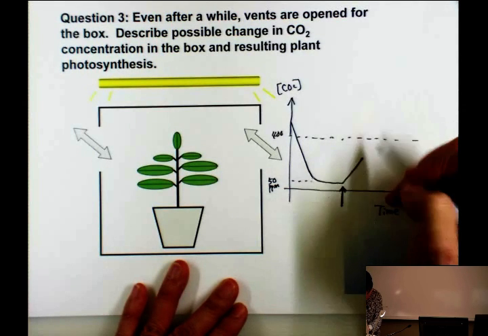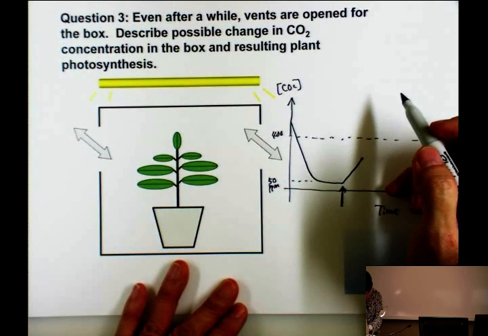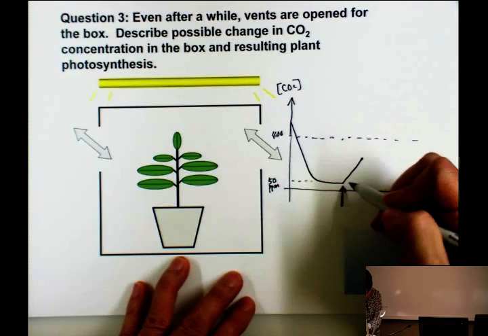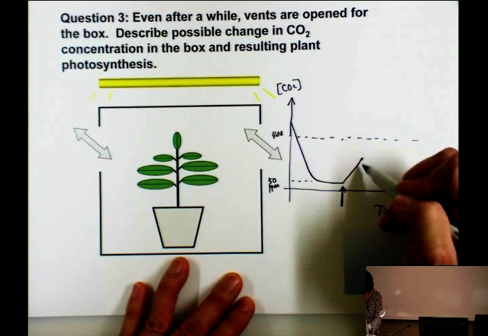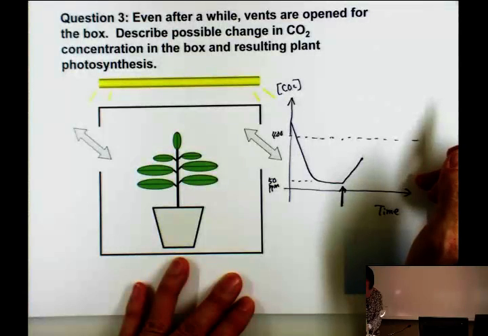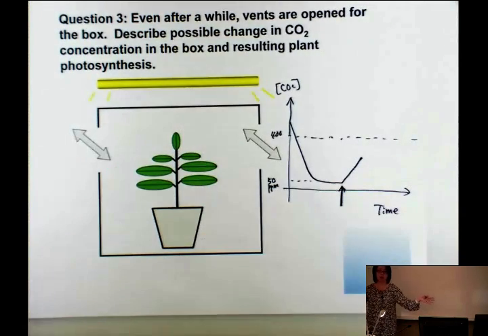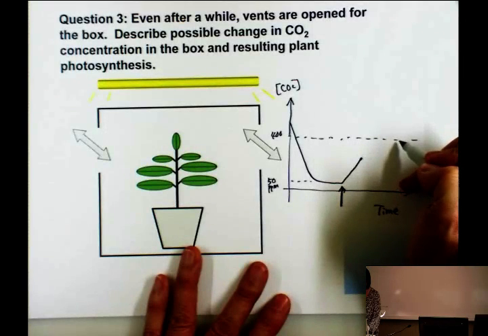drastically increase through diffusion from the outside air, since it's at 400 going to 50. It drastically increases until it reaches 400, and then it should stabilize, assuming that you don't close the vents and you're allowing it to. Well, I'm keeping the vents open, so that's my question. Okay, so it reached 400.